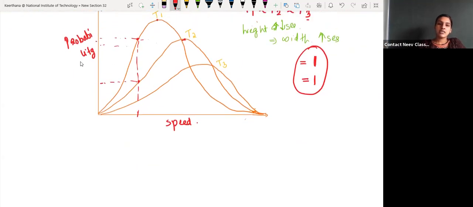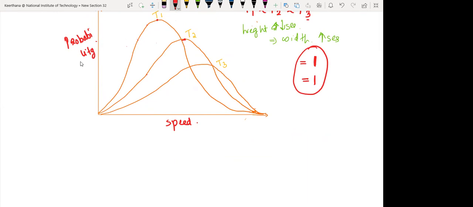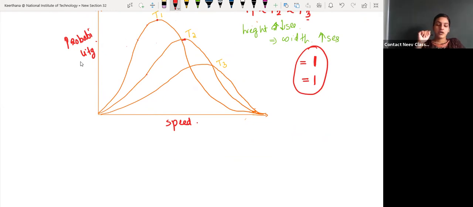So at any velocity, this fraction or this probability is decreasing as temperature increases. Is that clear for everyone? Any doubt? No? Okay.